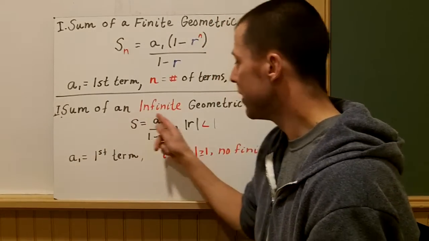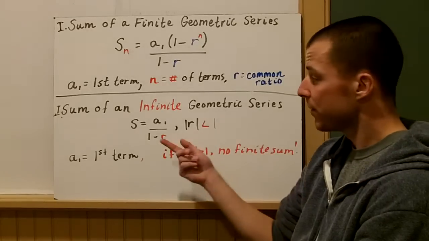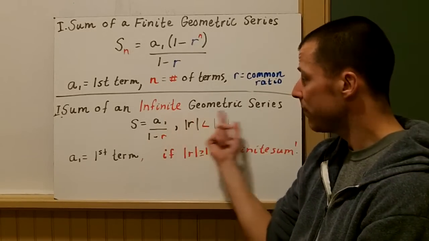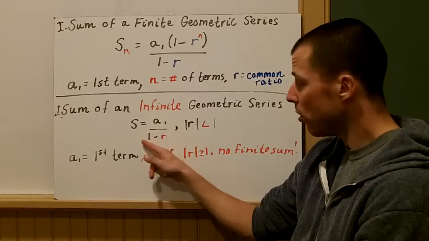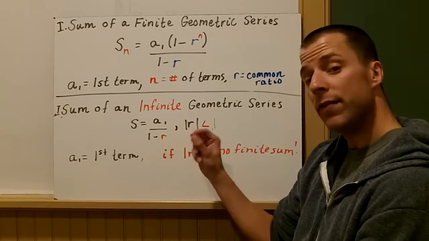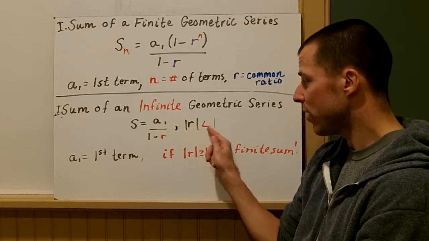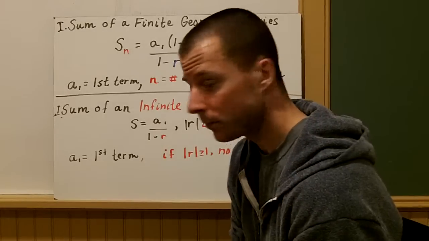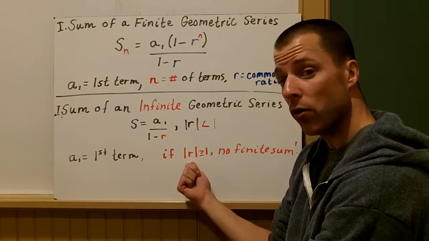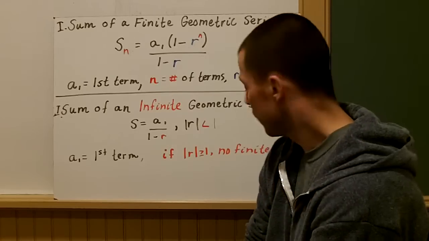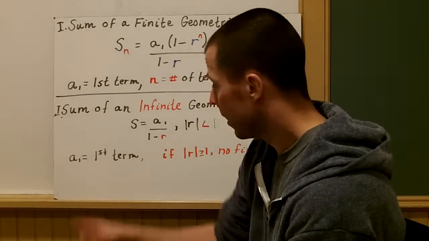Secondly, the sum of an infinite geometric series. So we can actually find the sum of this infinite geometric series, S, is equal to a sub 1 over 1 minus r. Very important to know that the absolute value of r has to be less than 1. If the absolute value of r is greater than or equal to 1, there is no finite sum.